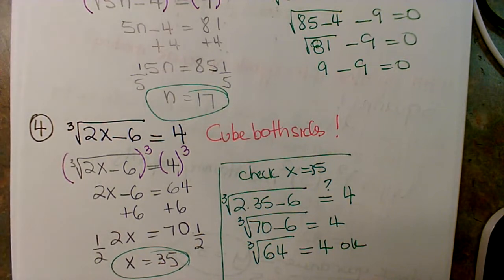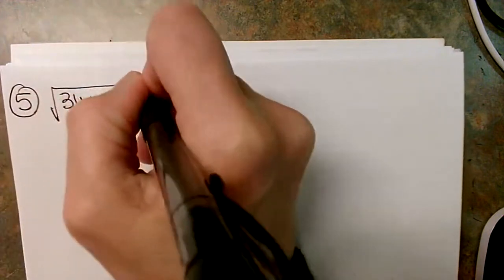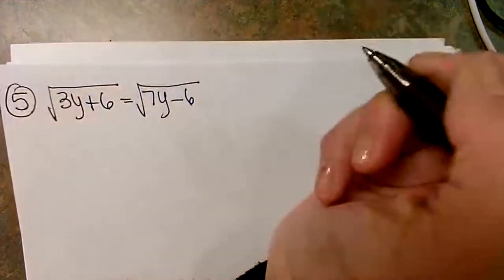Okay. Now, let's do this one. Number 5. So we have the square root of 3y plus 6 equals the square root of 7y minus 6.